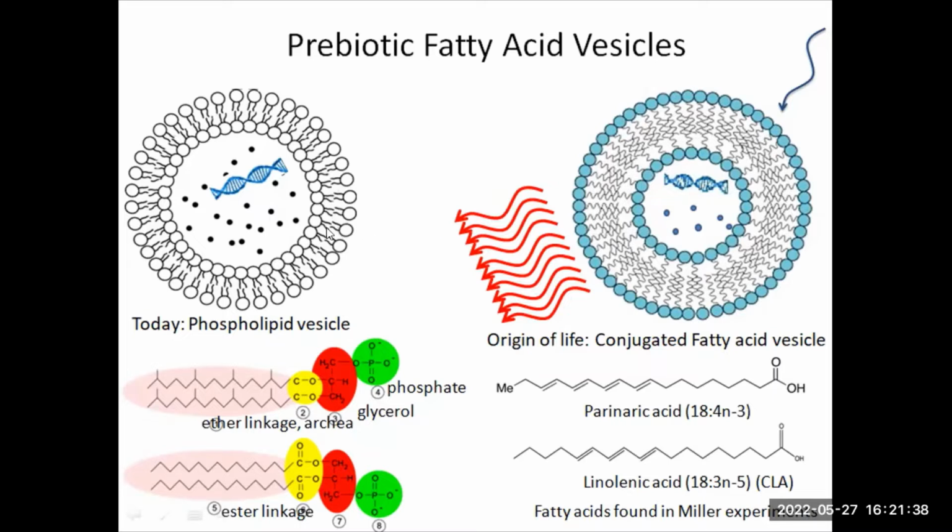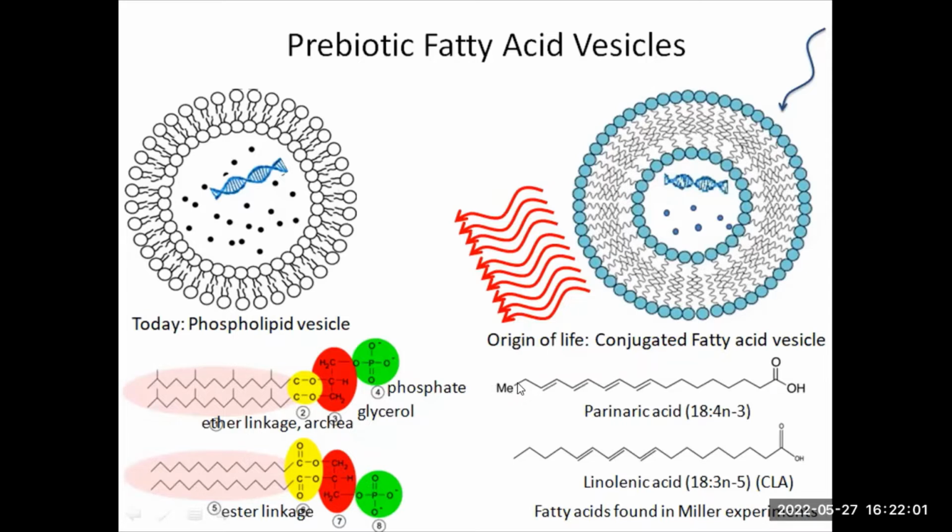And even the normal bacteria have a mix; they're not all phospholipids and they're not all of the same length. This is paraenaric acid, which has 18 carbon atoms, okay? And it has 4 conjugated double bonds here. And the double bond starts at 3 from the end.